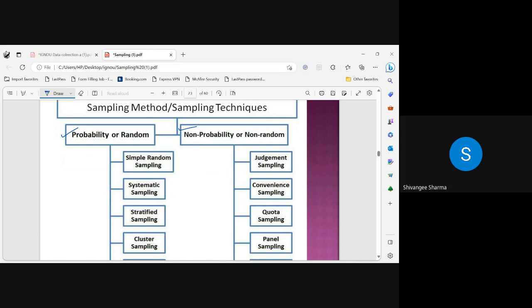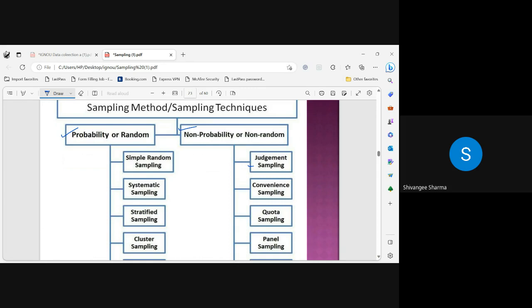It does not mean that you cannot use these methods overlapping each other. You can do that also. First you make a judgment, and then if you are making a sample out of those judgments, you can use simple random sampling, so they can be overlapping.